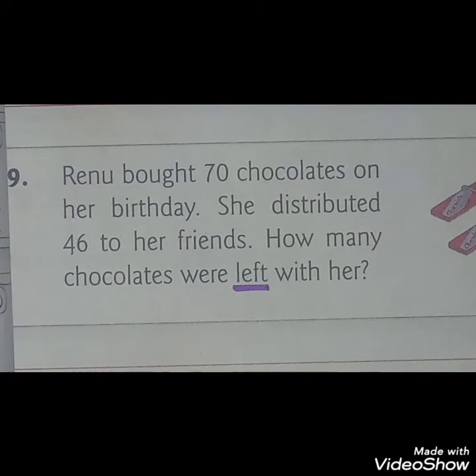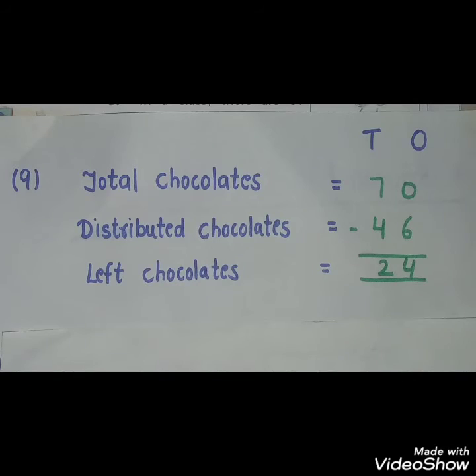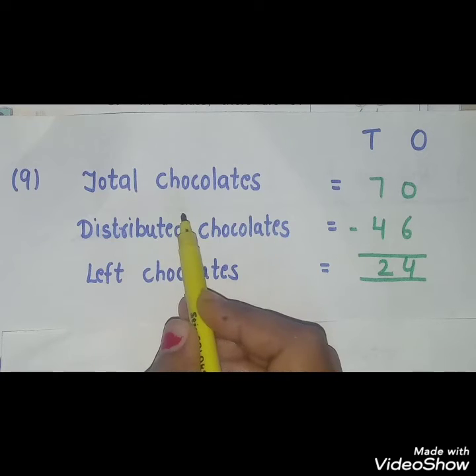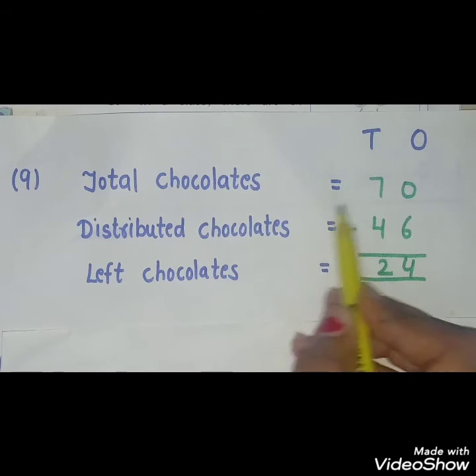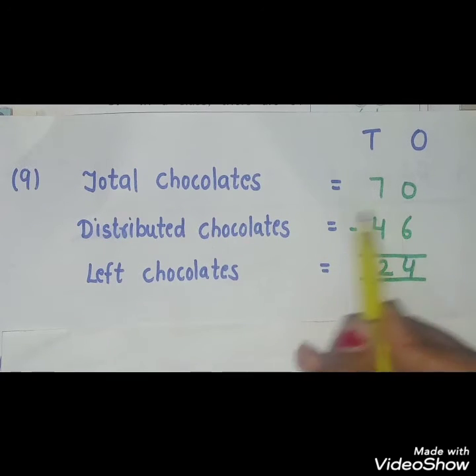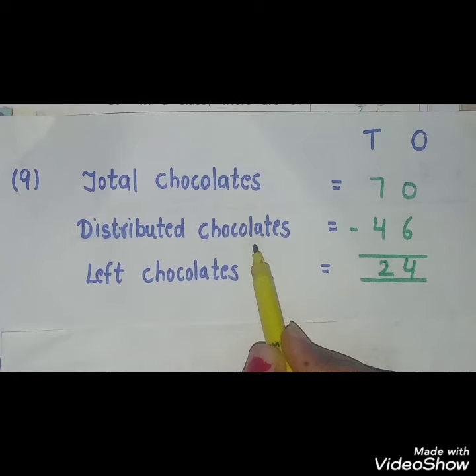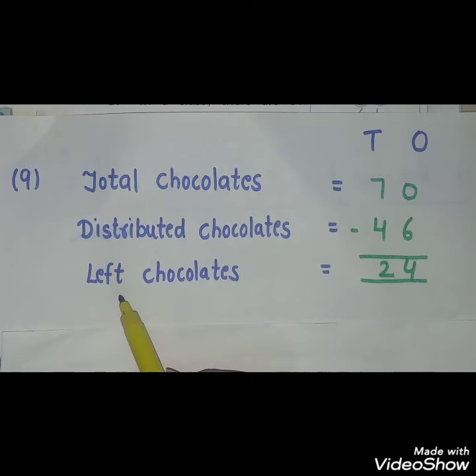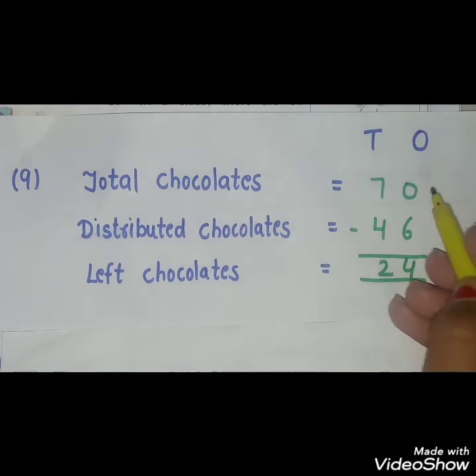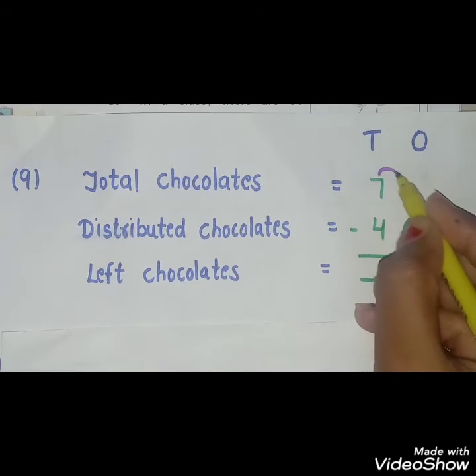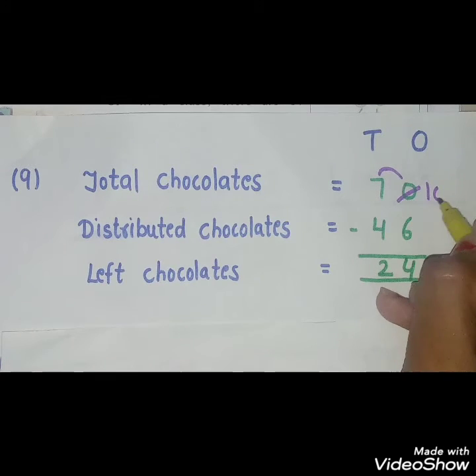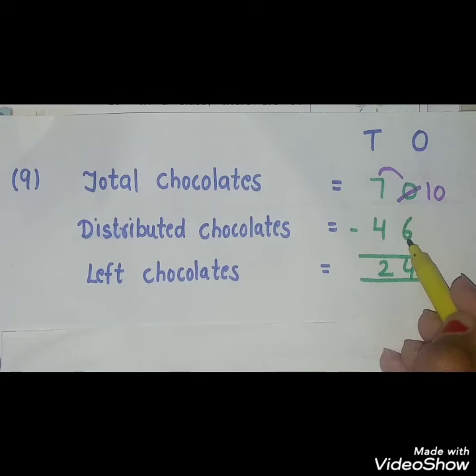So students, let us do this sum. Total chocolates are 70. Distributed chocolates 46. And what we have to find is the left chocolates. So we subtract 6 from 0. It is not possible. So we take 1 carry. It becomes 10. 10 minus 6 is 4.